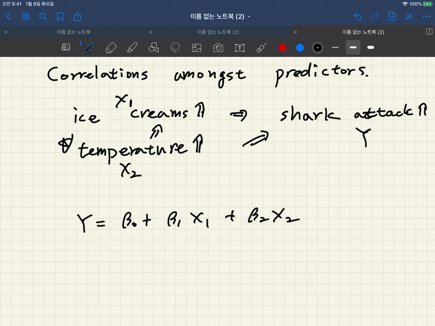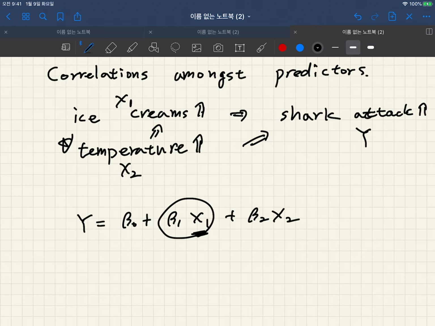Then you might see a very nice training error. But here, the ice cream sales, x1, is kind of redundant. When temperature is given, the ice cream sales information is totally useless. So in terms of test error, including the term beta 1 times x1 is not a good idea.